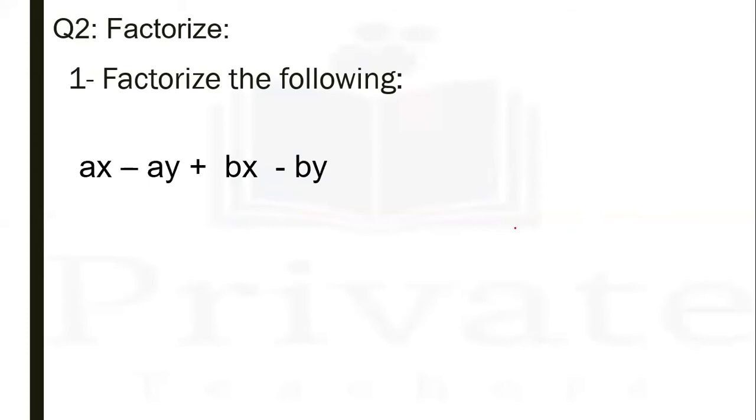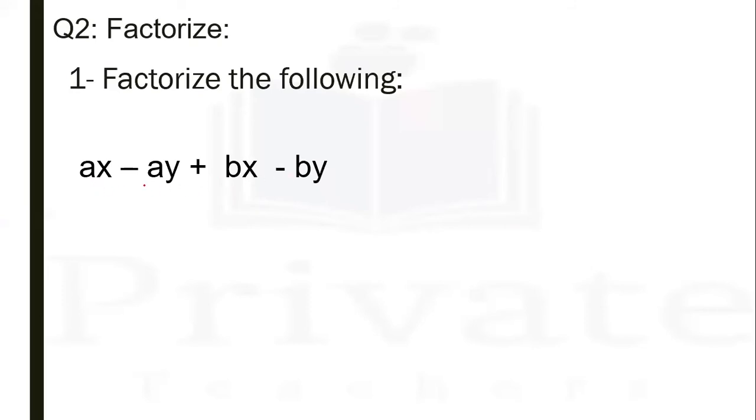ax minus ay plus bx minus by. So it is clear that it is factorizing using the grouping way, because here we have four terms. Firstly, think of a common factor. Do we have a common factor in all four terms?